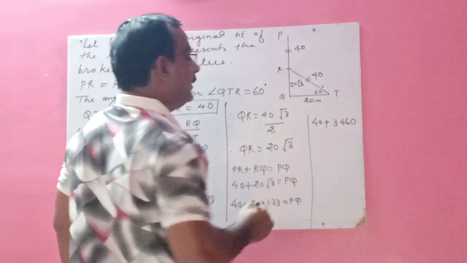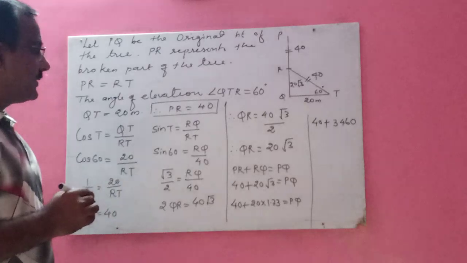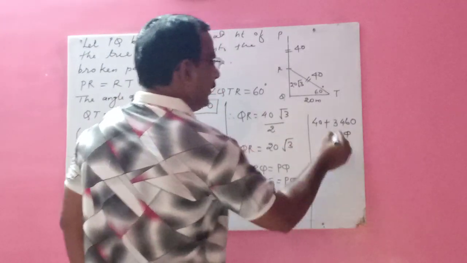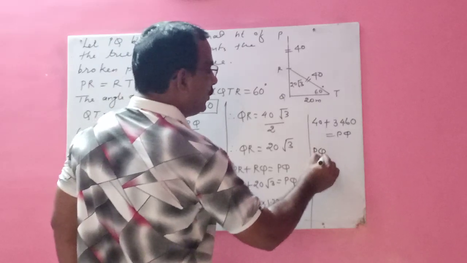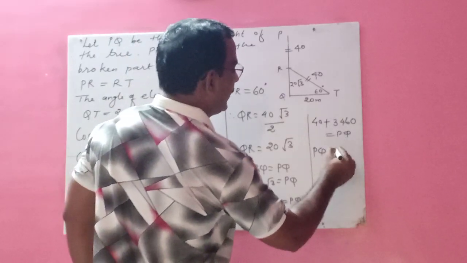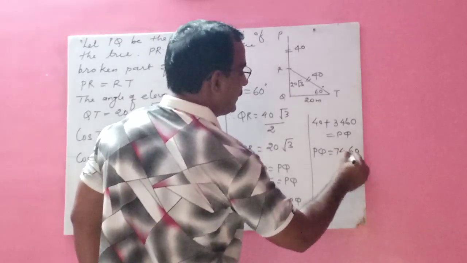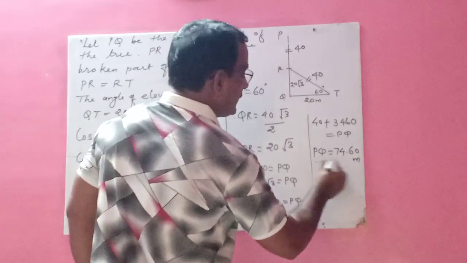Put the point here, 34.60, which is equal to PQ. If you add this, PQ is equal to 40 plus 34, which is 74.60. So what is this, children?